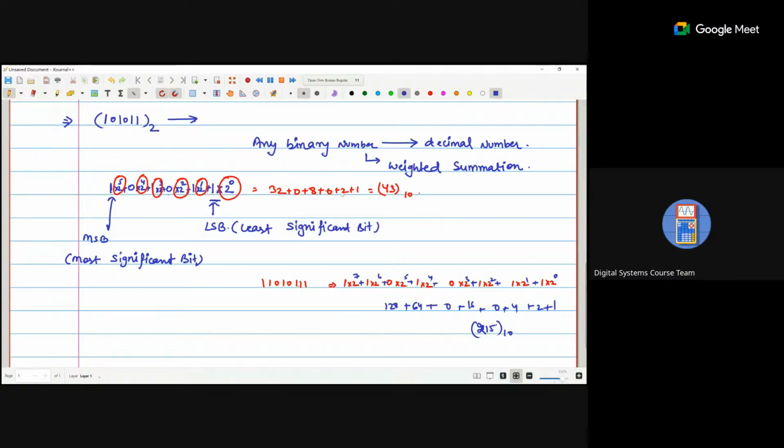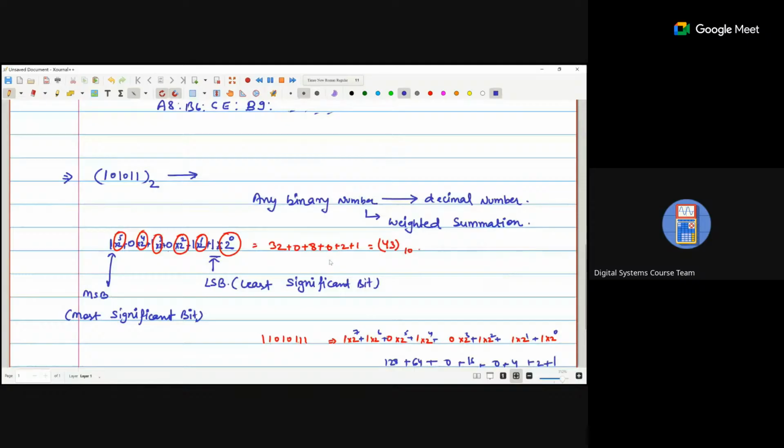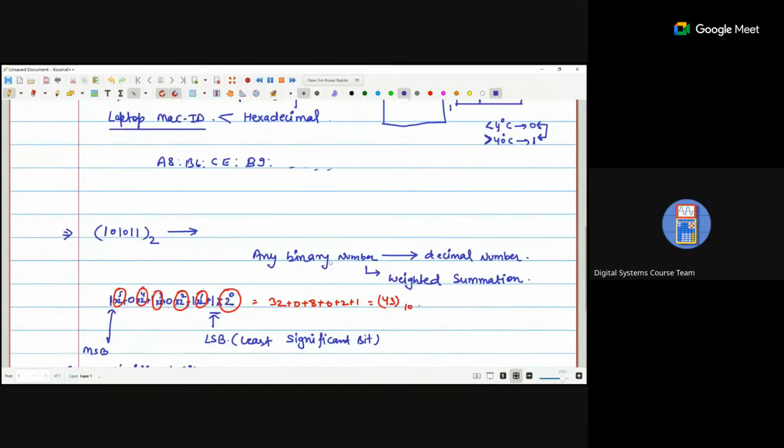In this way we convert any binary number into a decimal number. This is the conversion from binary to decimal.